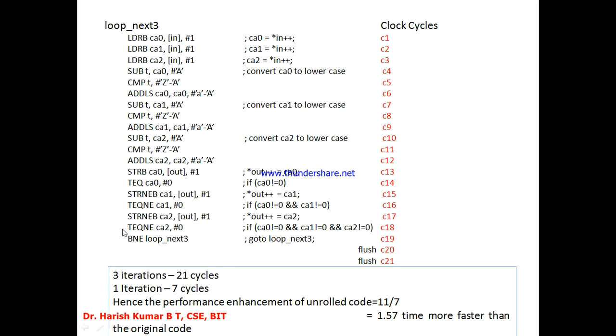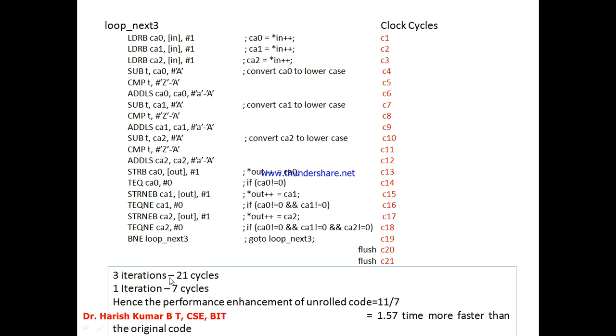Now, for 3 iterations, in one loop we are doing 3 iterations. That means the loop is unrolled 3 times, or unfolded 3 times. You're converting 3 characters into lowercase letters using 21 clock cycles.